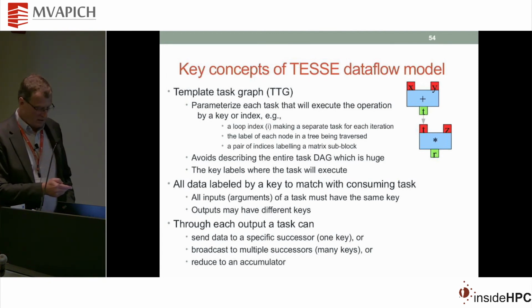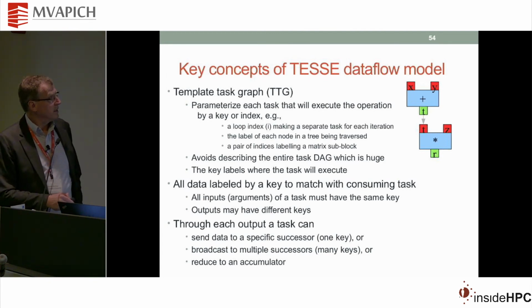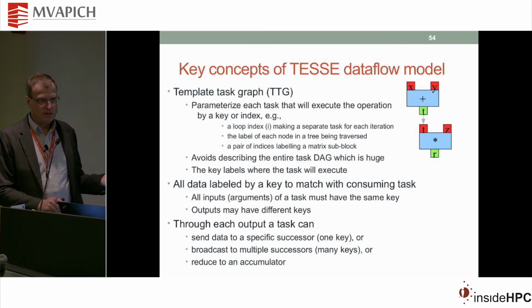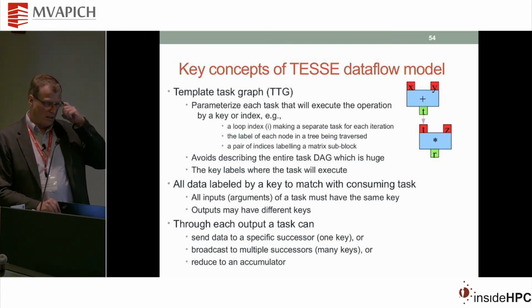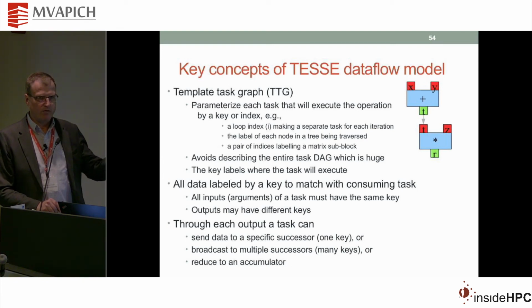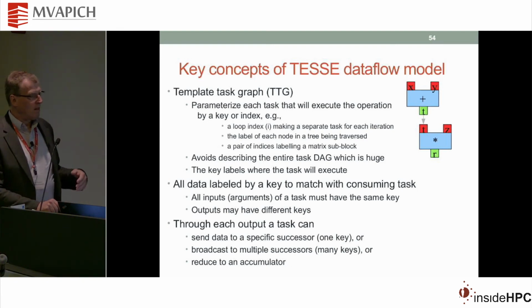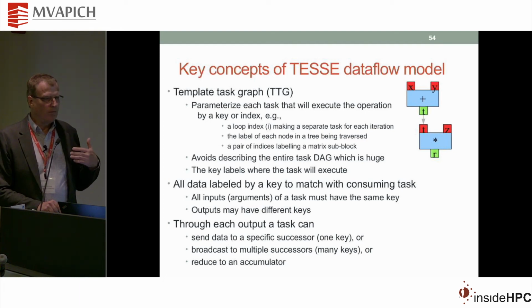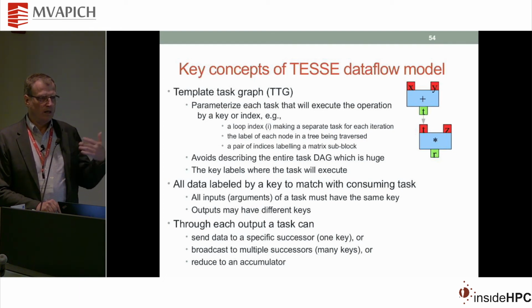So the key concept here really comes from PaRSEC itself. PaRSEC has this PTG, parameterized task graph, where the parameterization here is essentially in terms of template, because we're referring to the C++ uses of templates.